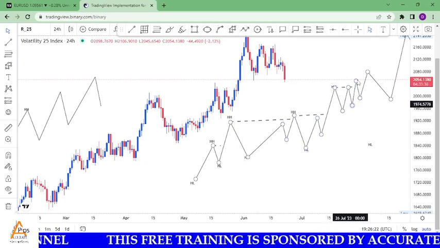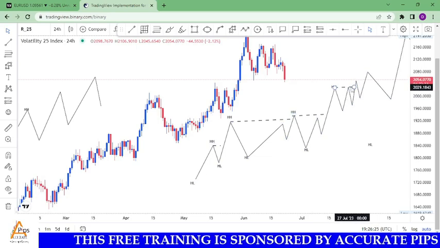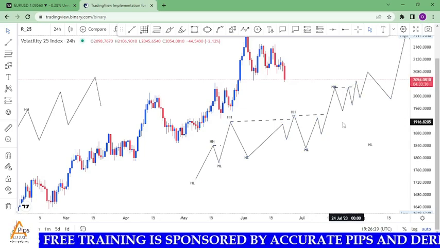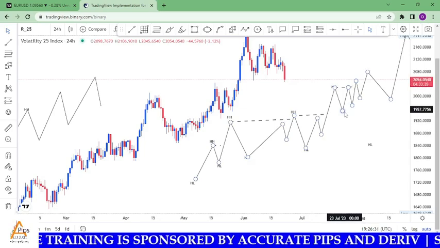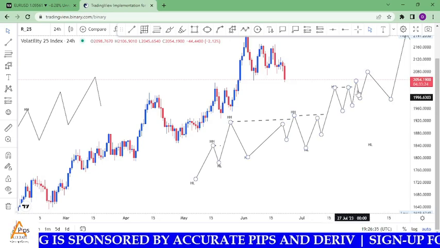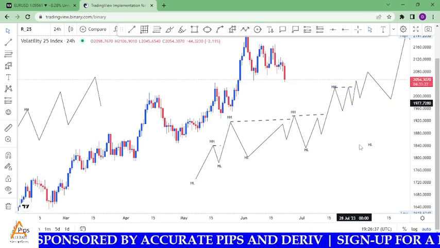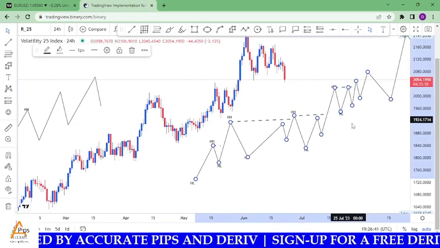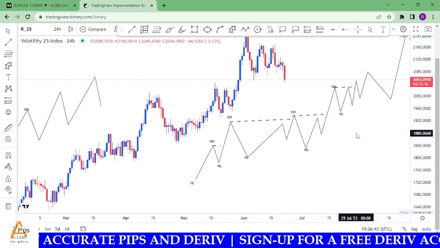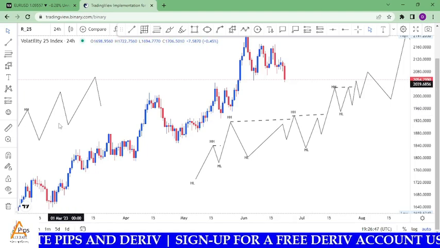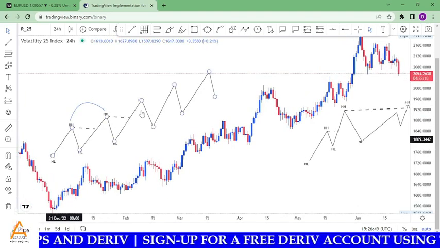No, but this guy over here was the one that finally took out this guy, so this becomes our new high, and therefore this is the lowest point in this movement. These are all internal structure, but this is the lowest point in this movement, hence this becomes our new lower low.